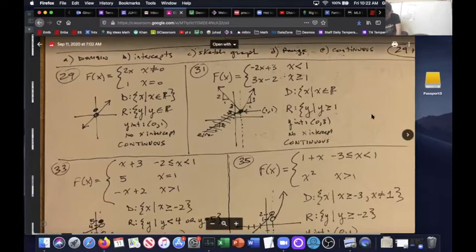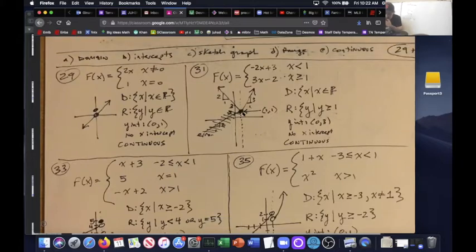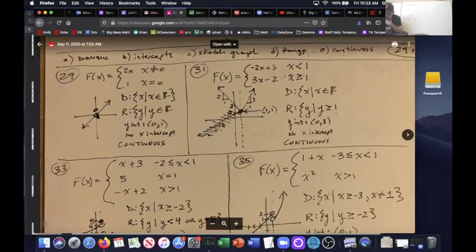Okay, and notice how I'm stating the range, right? In this case, from the graph, you can see that for each value on the y-axis, there's a place on the graph starting at 1. And then over here, since the line starts at 0 and goes forever up, starts at 0 and goes forever down, that means there's a number paired on the y-axis.